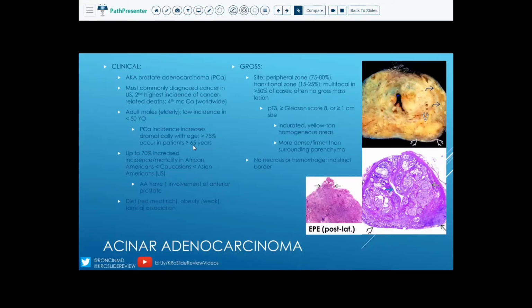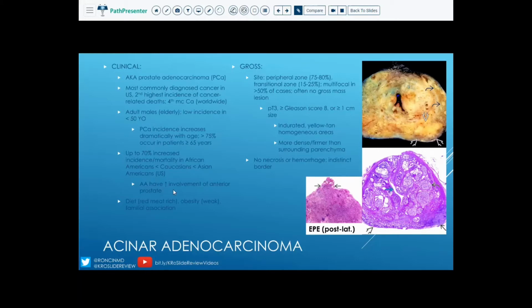And there is increased incidence as well as increased mortality in African Americans in the US, where they see almost 70% increased incidence and mortality compared to Caucasians, and Asian Americans in the US actually have the lowest incidence of prostate cancer.